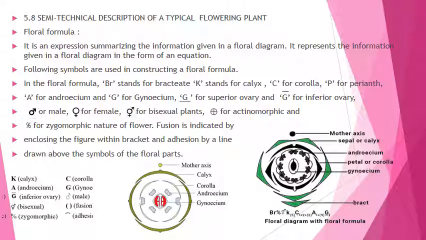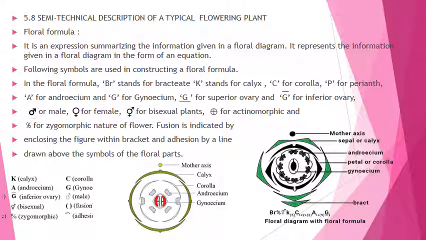Then G stands for the gynoecium. The line drawn below the G shows that it contains the superior ovary, and if the line is drawn above the G, then it contains the inferior ovary.